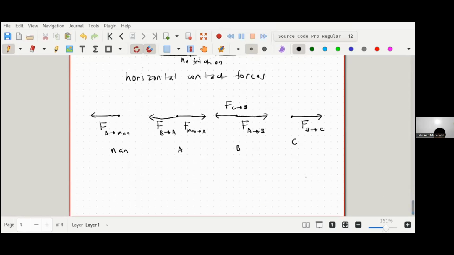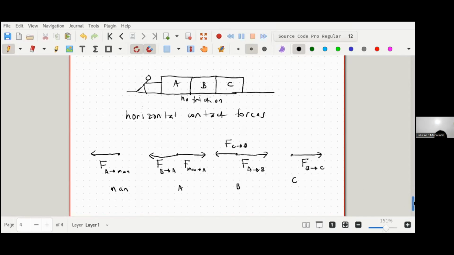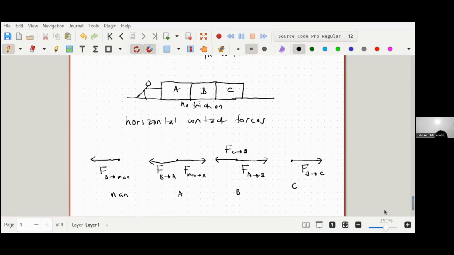Okay. So, C acting on B, meron bang forces between A and C? No, kasi they're separated po. Okay. Is there a force from the man acting on C? No. Magkalayo rin po sila.